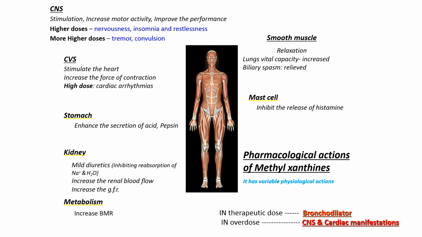So just remember, methyl xanthine is a narrow therapeutic index drug. It has a very narrow therapeutic window, and its therapeutic effect is manifested within that narrow window. Beyond that, you will start noticing adverse effects, particularly pertaining to the CNS, CVS, or GIT.